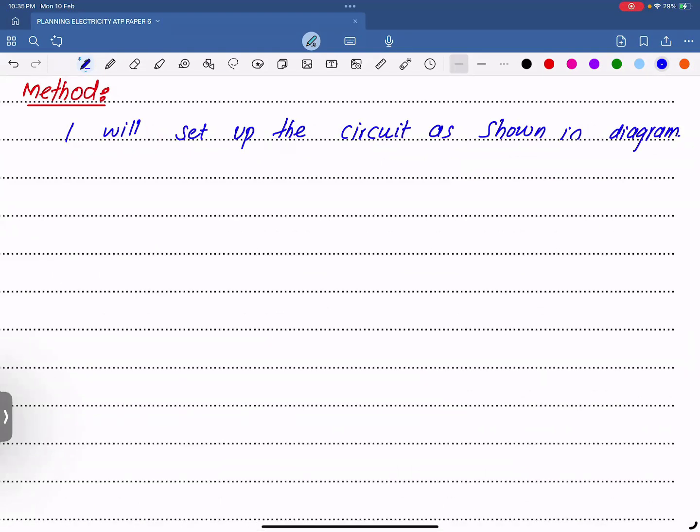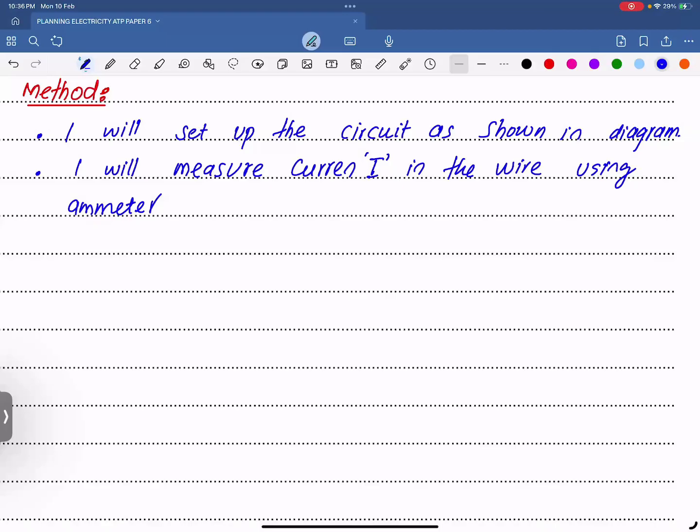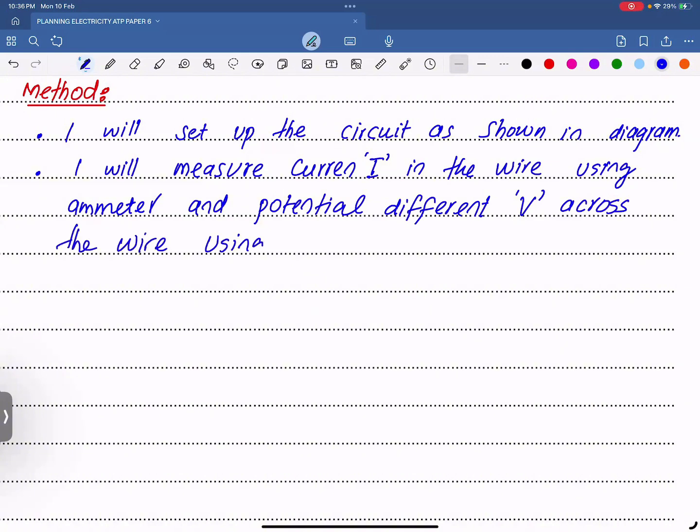Now, the main points are here. I will measure current I in the wire using an ammeter and potential difference V across the wire using a voltmeter.